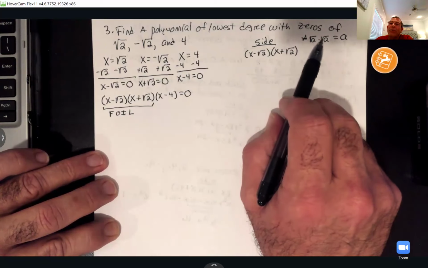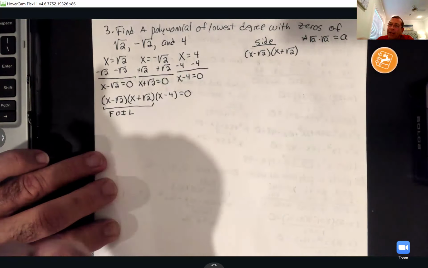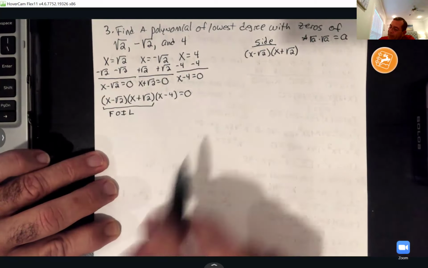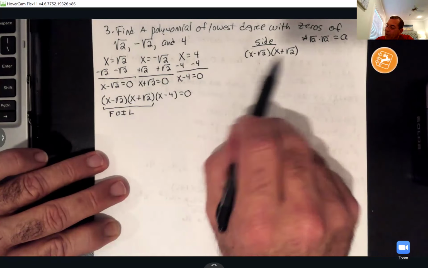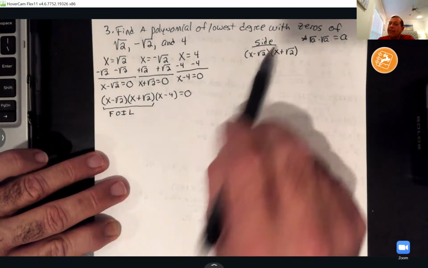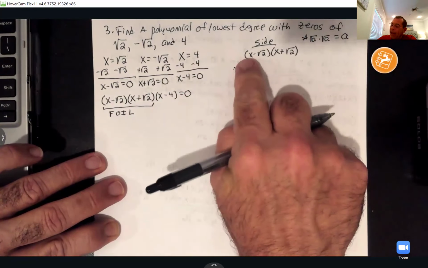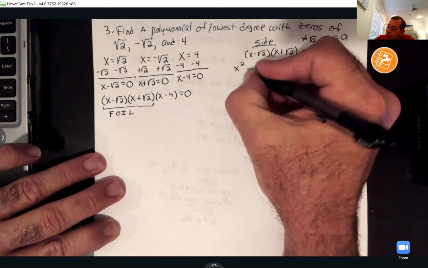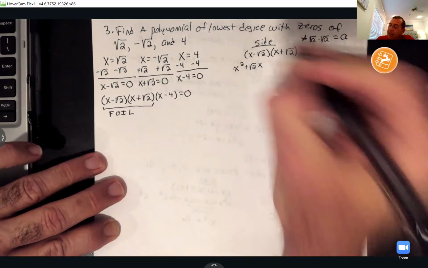So a radical times itself equals the number that was under that radical, okay? So that's going to be important in a second. So let's see what we get. x times x is x squared. x times the square root of 2 is a positive square root of 2 times x.